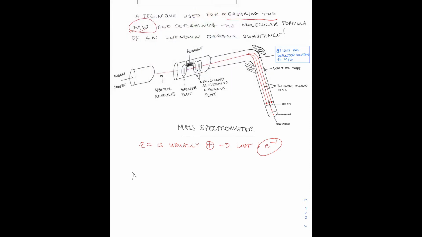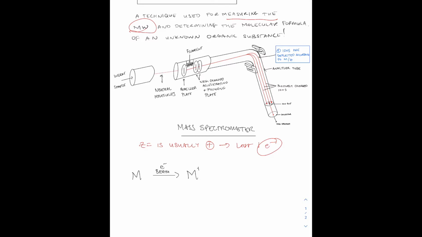And so what I mean by that is, if we have M as the molecule or the sample, and then we have a beam of electrons shining through. That's basically what's happening in this area right here.